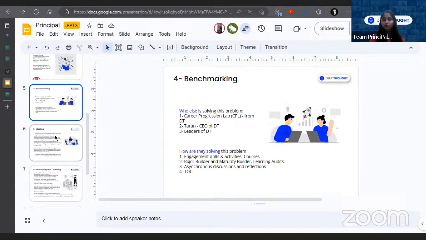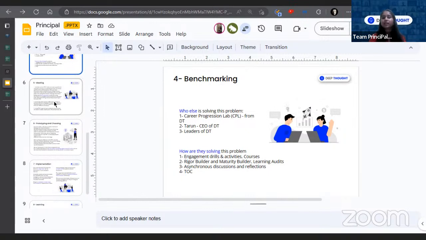We also found in benchmarking that labs such as Career Progression Lab, and Arun, the CEO of Deep Thought, are solving this problem by engaging people in the engagement drills, learning drills and courses that take place at Deep Thought.